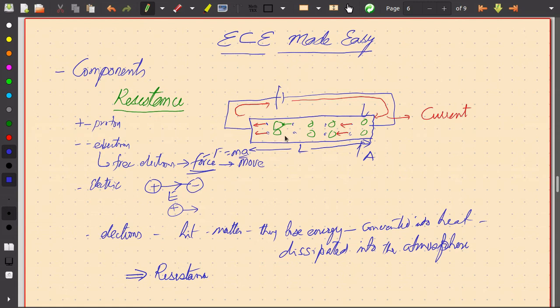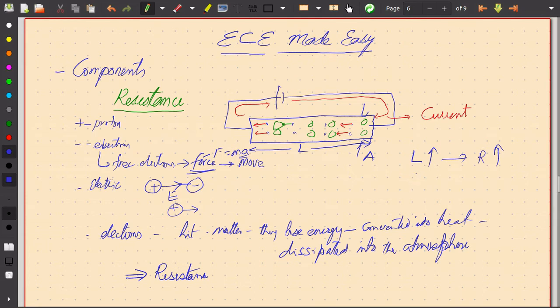So the resistance, the more is the length, the more number of ions come on the way, and hence the resistance keeps increasing. So the more is the length means more will be resistance on the way.